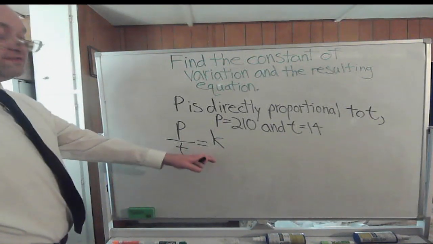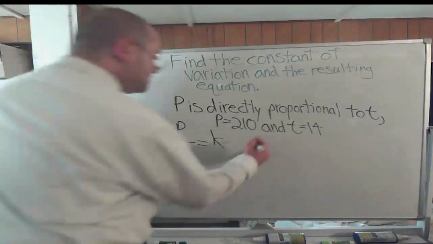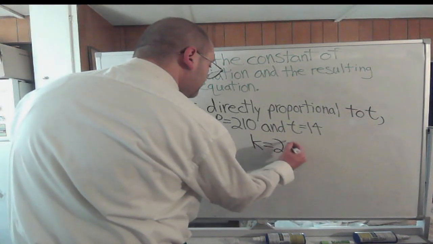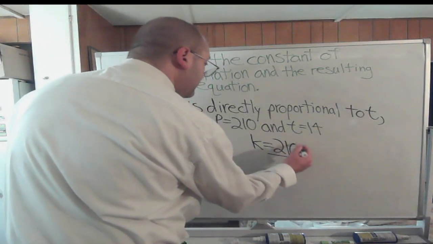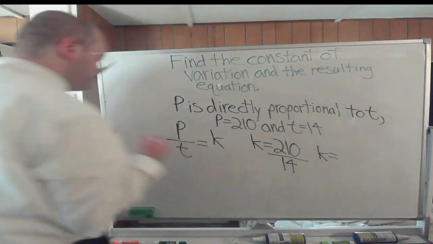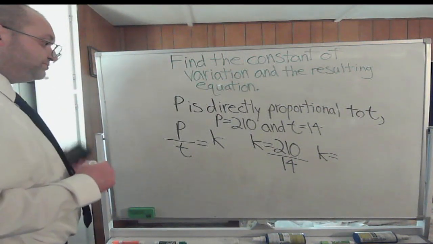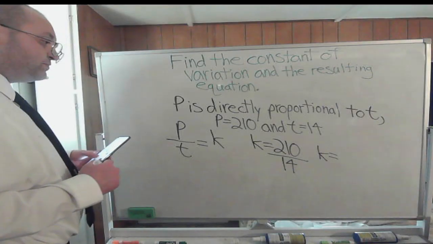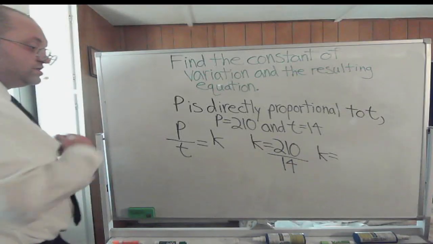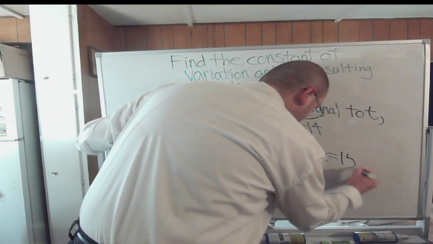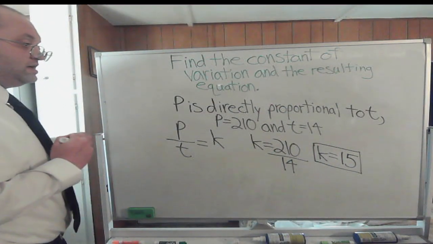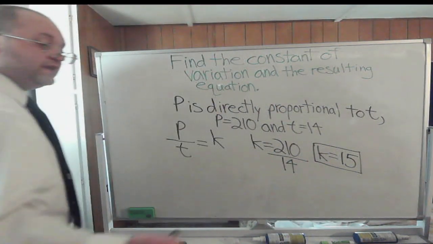Again, to solve for the constant of variation, all we got to do is put in that value of P, which would be 210, divide that by your value of T, which is 14. 210 divided by 14 is 15. So your constant of variation in this particular case is going to be 15.